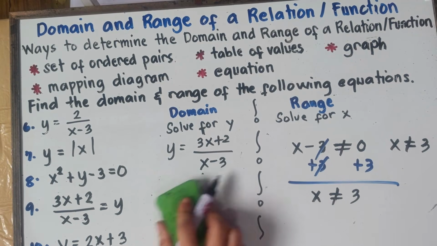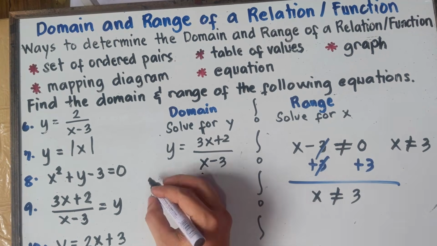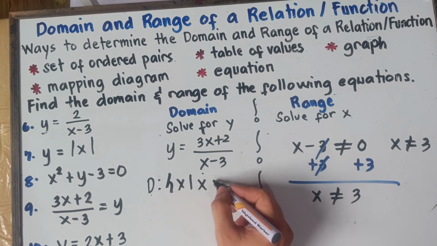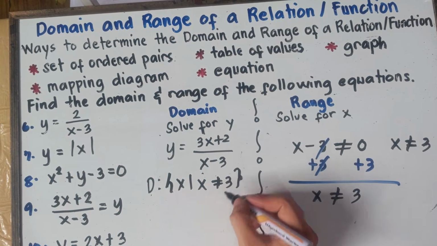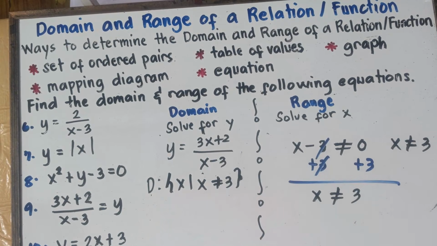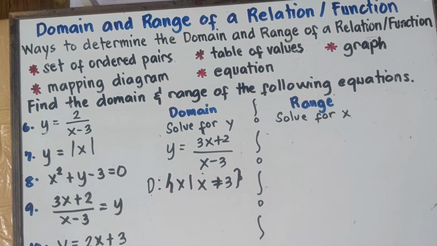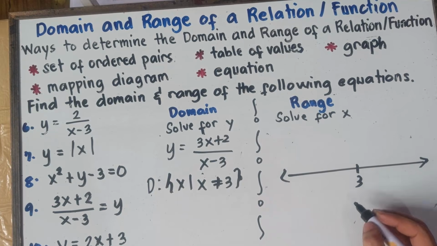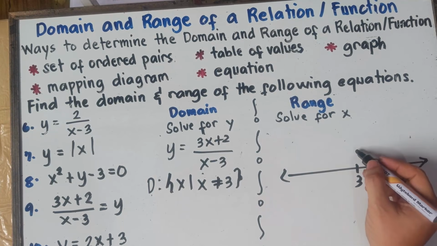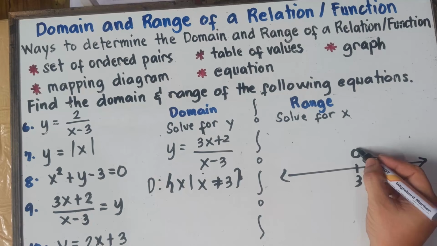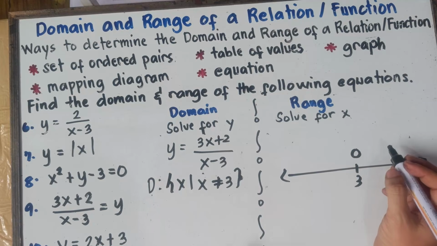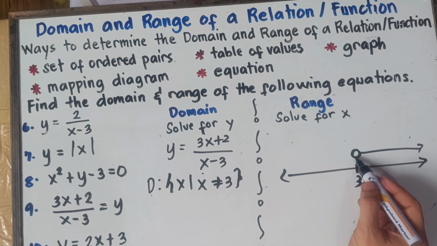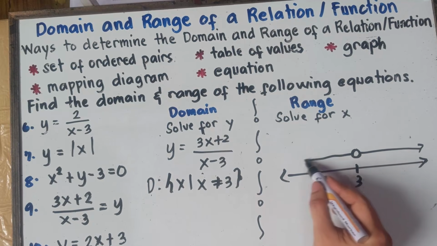So therefore, our domain is the set of all x such that x is not equal to positive 3. For interval notation, x should not be equal to positive 3, therefore there would be an open circle. You can have any number after positive 3 and any number before positive 3.